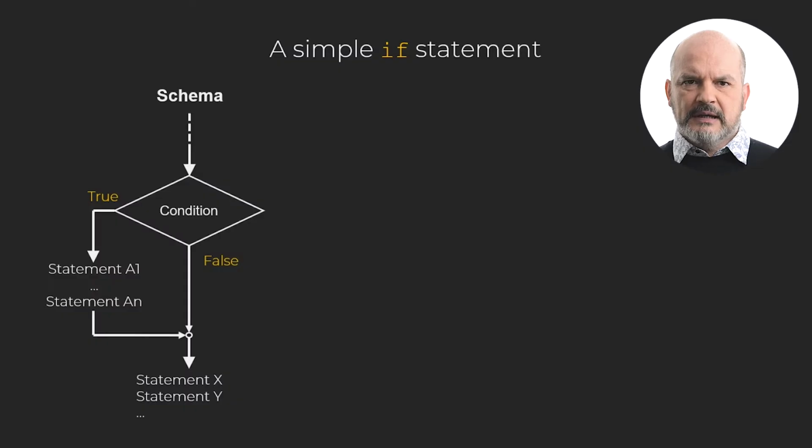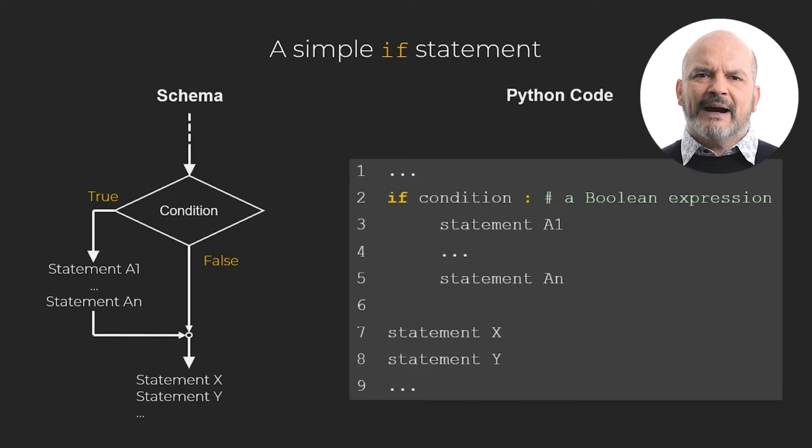In a programming language, conditional statements, also known as selection structures, give us this ability. The simplest form of conditional statement is the if statement. It is represented by the schema on the left-hand side. If the condition is true, the program executes statements A1 to AN and then statements X and Y. If the condition is false, the program bypasses the statements A1 to AN and only executes statements X and Y. The Python syntax is shown on the right-hand side and the keyword is if.